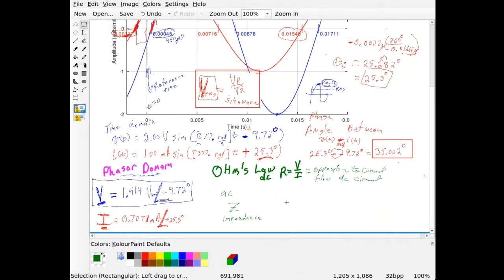However, in an AC circuit, you also have capacitors and resistors. So in an AC circuit, we are going to have resistors or resistance, and so that, of course, is resistance.